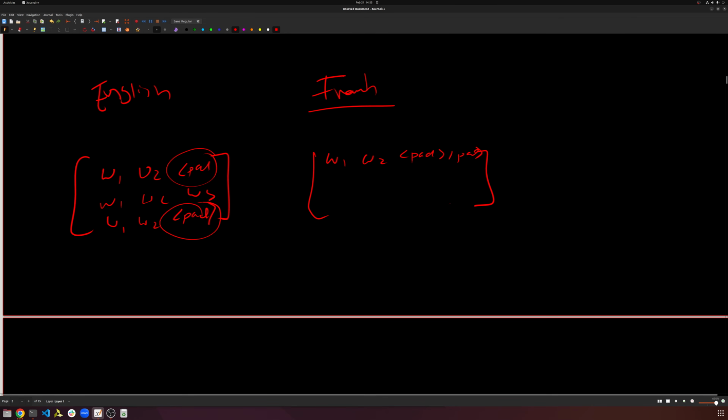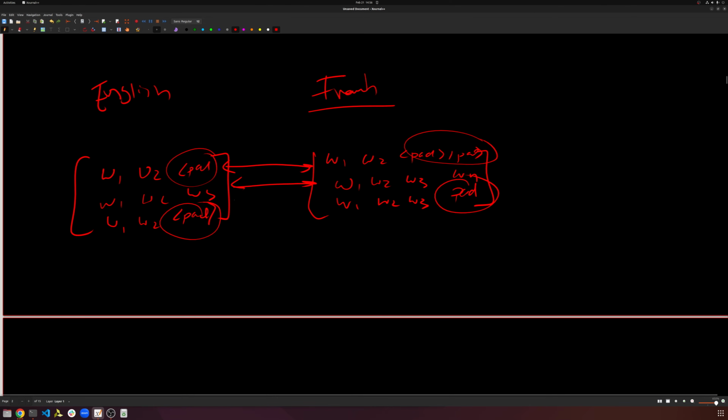So when we concatenate our French together, again, pad tokens appear because not every sentence in French is the same length. The important part is they're one-to-one correspondent. So this English sentence goes with this French sentence, and so on. But when we stack them together, we end up with these additional pad tokens.